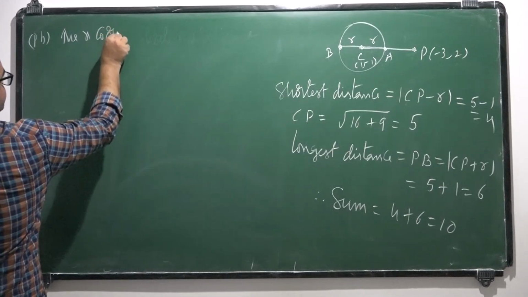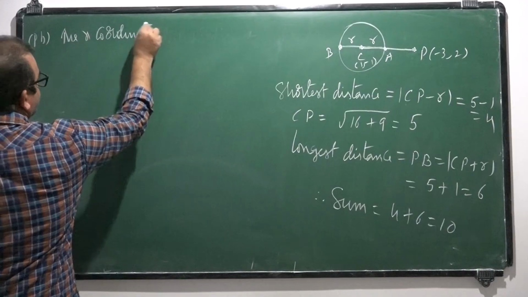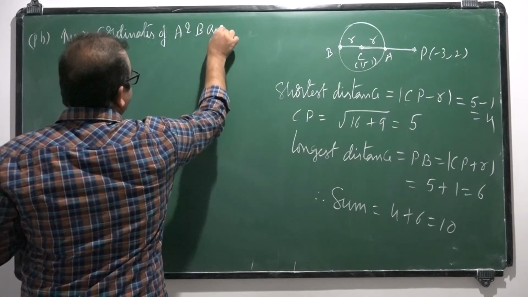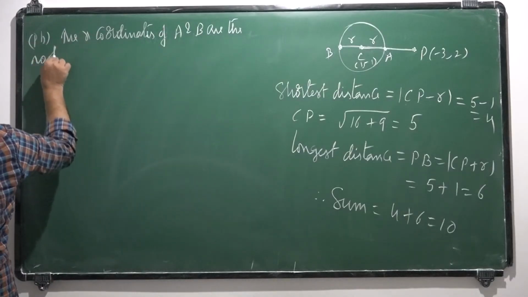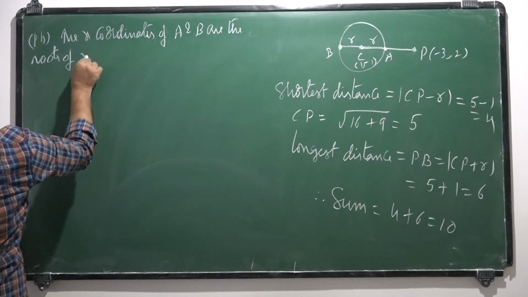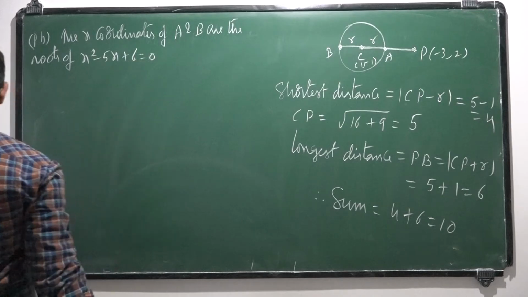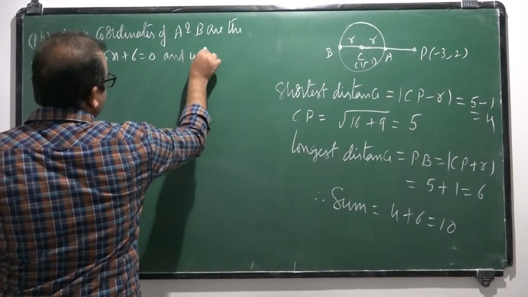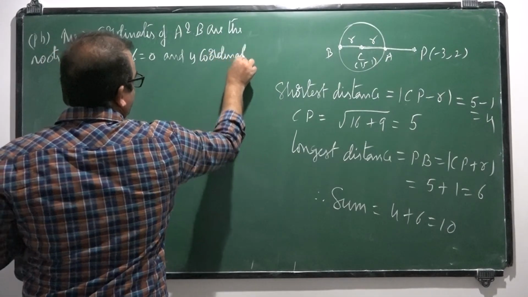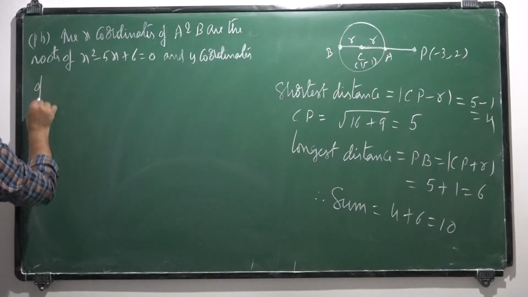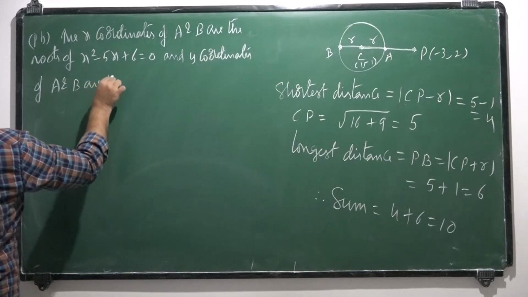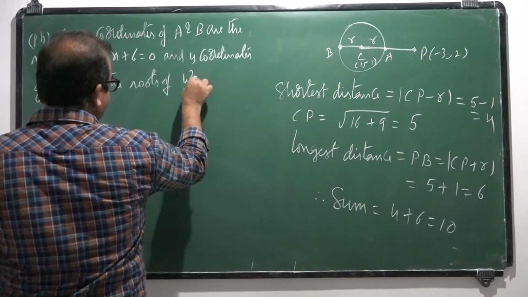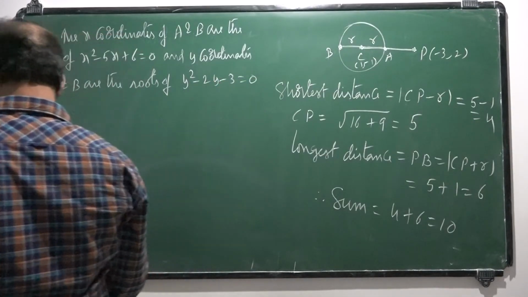The x coordinates of the points A and B are the roots of the equation x square minus 5x plus 6 is equal to 0, and y coordinates of A and B are the roots of y square minus 2y minus 3 is equal to 0.